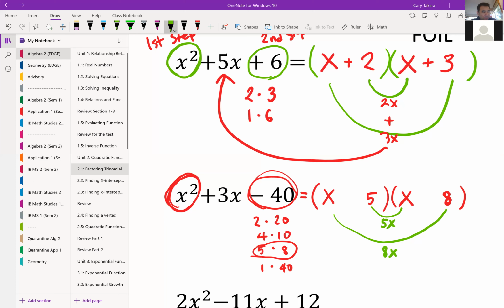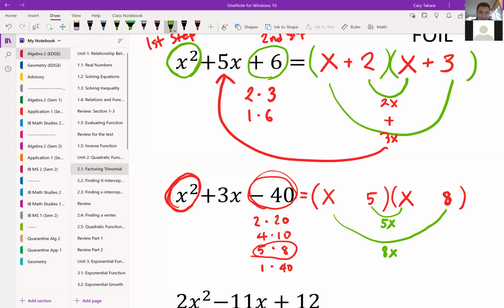Now, if both of them are positive, definitely no, right? That's right, Gentry. But if we make one of them negative, can we make 5x plus 8x, 5 and 8, adding together to make it into positive 3x? Yeah. How do we do that?